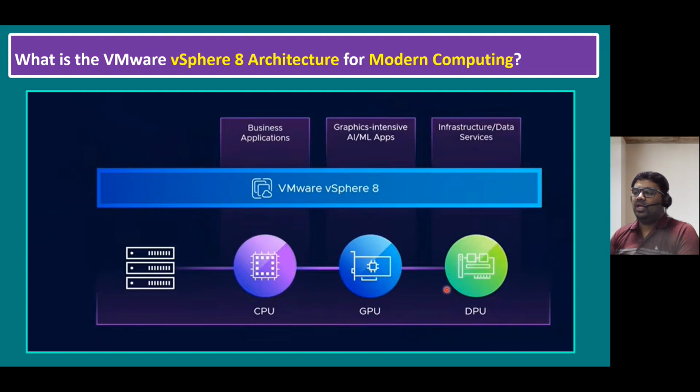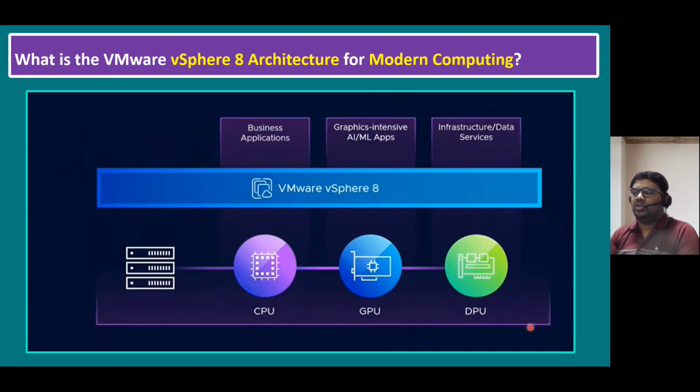Before we implement vSphere 8, if you are using any graphic intensive applications or data service related applications, make sure our hardware comes with a GPU and DPU. For inserting the GPU and DPU, we can coordinate with the most popular hardware vendors, HPE, Dell, and IBM.